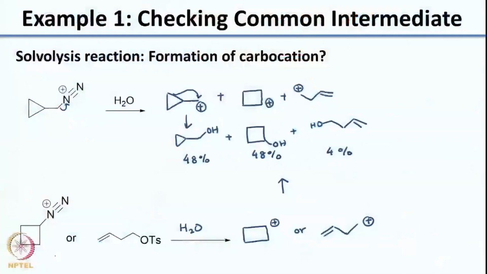I can use the cyclopropane, cyclobutane or the open acyclic compound. In all cases I get the same product distribution. So what this tells you is that indeed the carbocation is formed, which can rearrange to give you 3 different carbocations which lead to 3 different products. This is a very nice example of how you can use 3 different reactants to check for common intermediates.